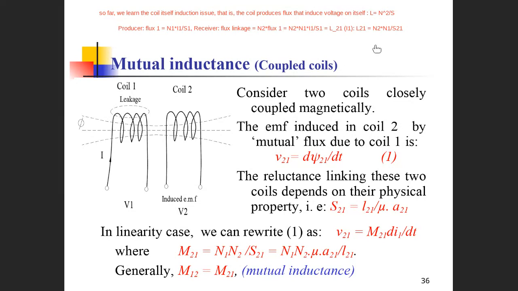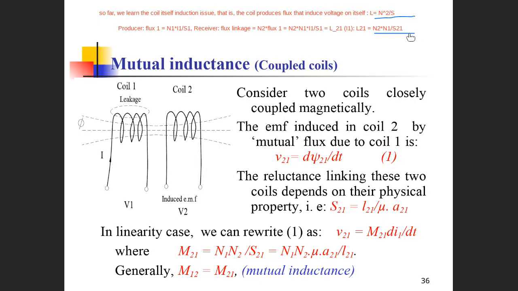As a result, there is an inductance between coil 1 and coil 2, a mutual inductance, which is N1 N2 over the reluctance between the two coils. That's the concept. Okay, that's the difference here. Unit the same, but look at the difference.